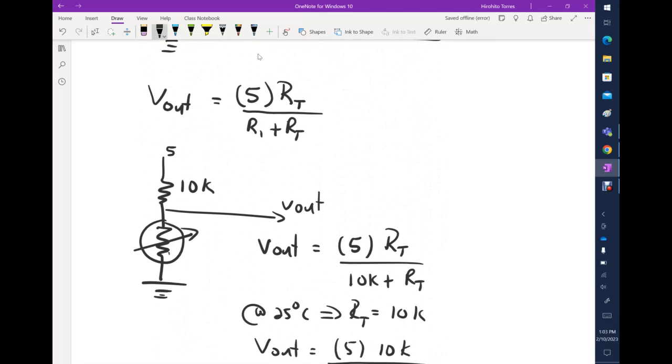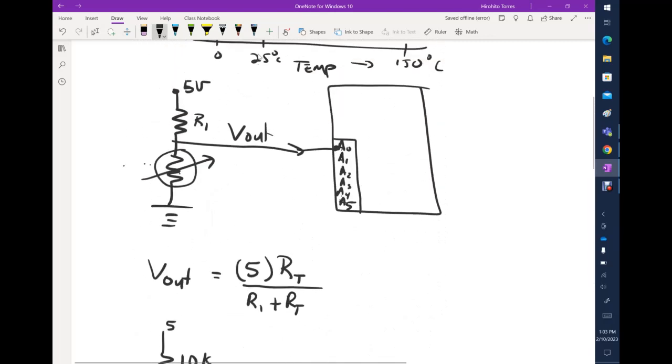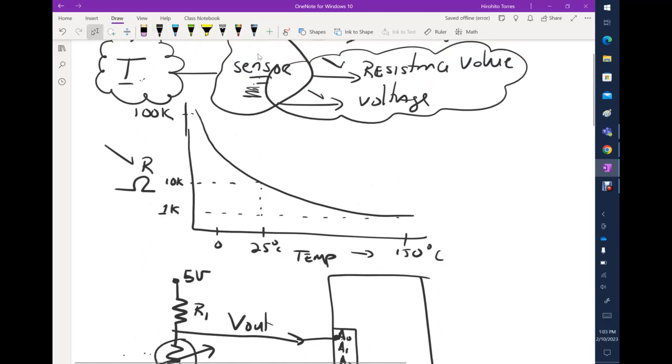I have to say this with caution, because actually you can see that temperature and resistance value is not linear. Maybe it's linear within some small region, but it's not the whole range of temperature reading.